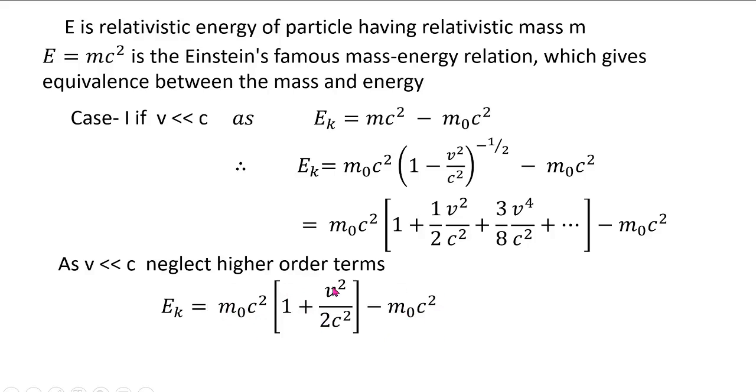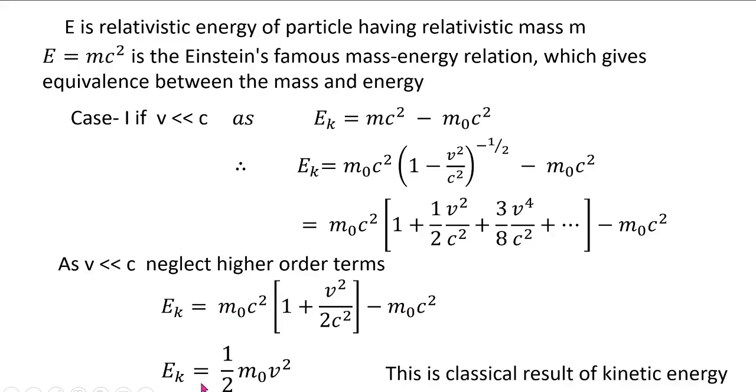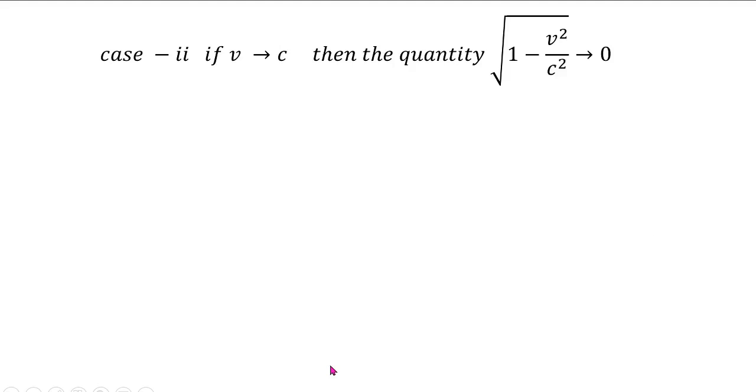Then m0 c square into v square upon twice c square gives 1 half m0 v square. Thus Ek is equal to 1 half m0 v square. This is the classical result of the kinetic energy. In real life we observe velocities which are very small as compared to the velocity of light. Therefore in Newtonian mechanics, the kinetic energy expression is 1 half mv square, Ek is equal to 1 half m0 v square.